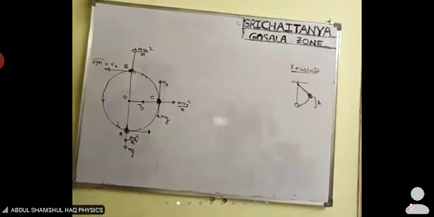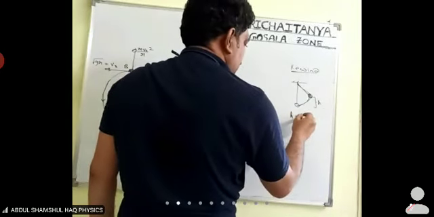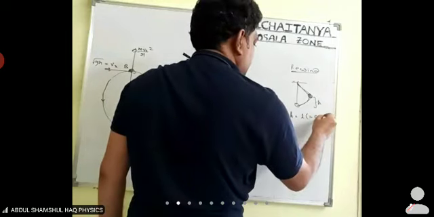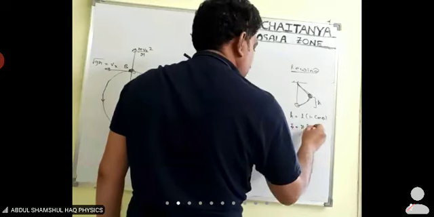If the body is lifted from this position to this position, we know that h is equal to L into 1 minus cos theta. That is, if I call this S, that will be R into 1 minus cos theta.